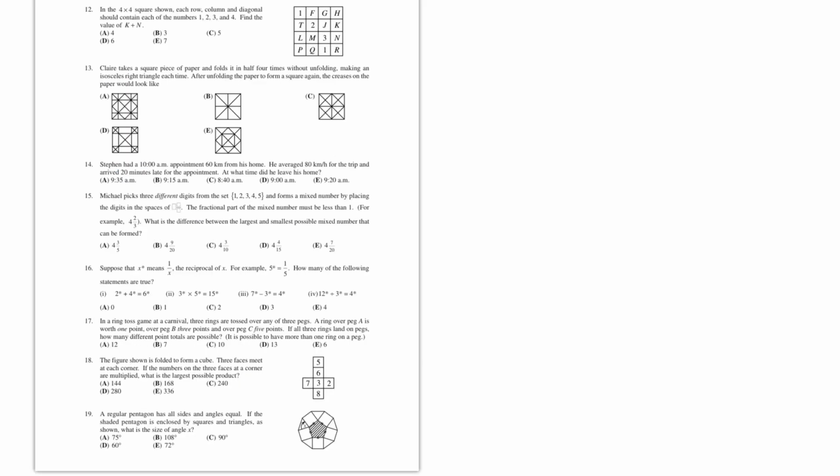Number 12. In the 4x4 square shown, each row, column, and diagonal should contain each of the numbers 1, 2, 3, and 4. Find the value of k plus n. Now we draw the graph.